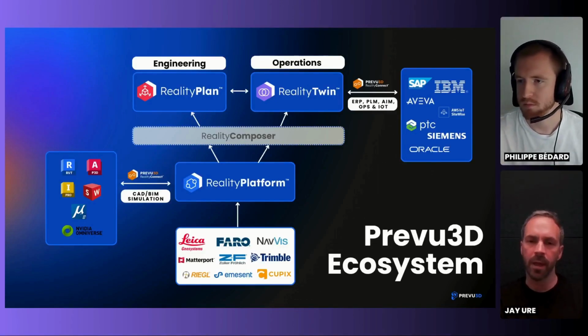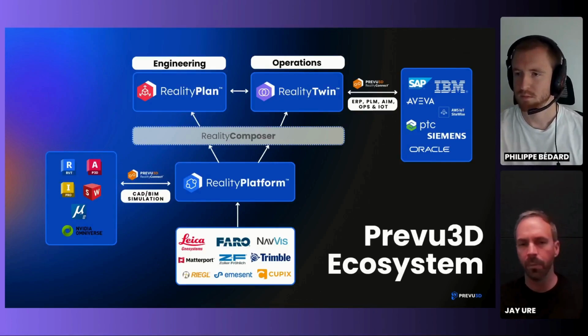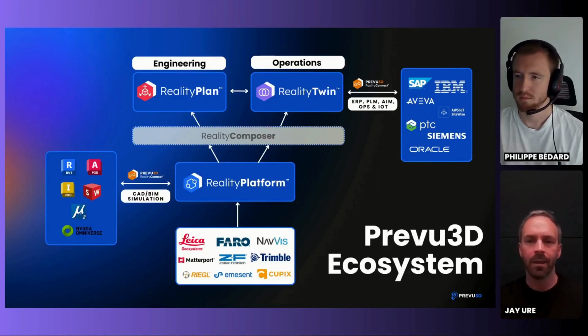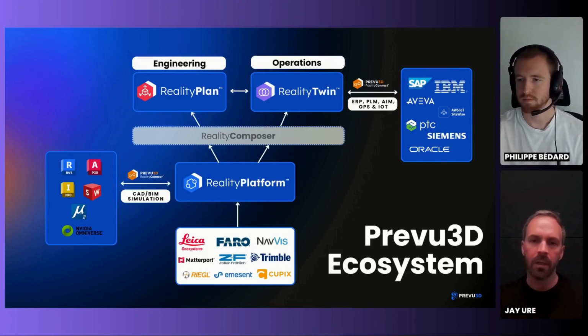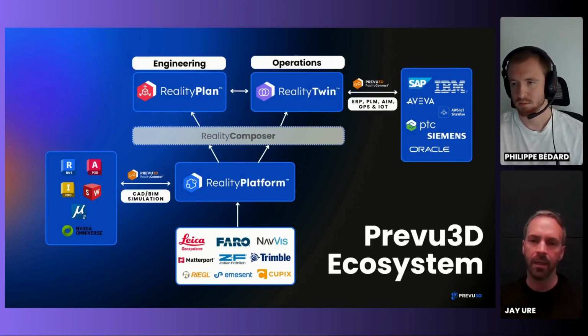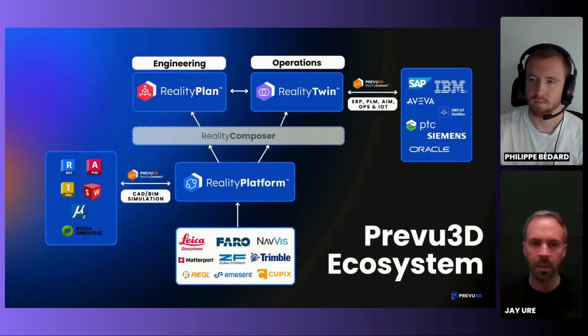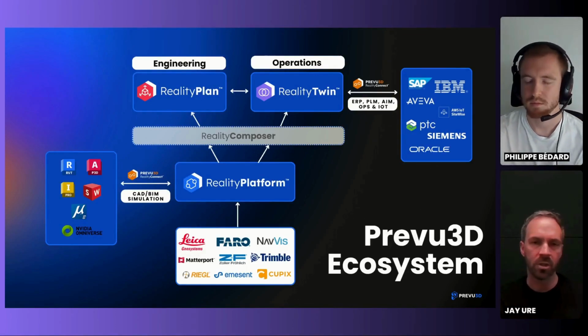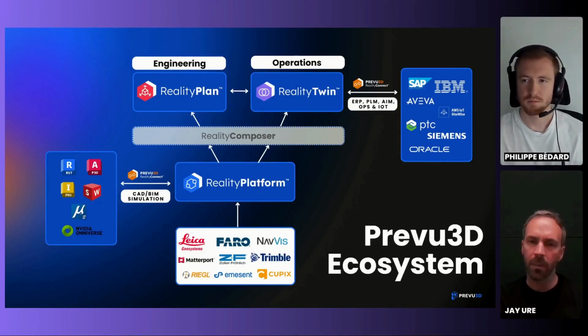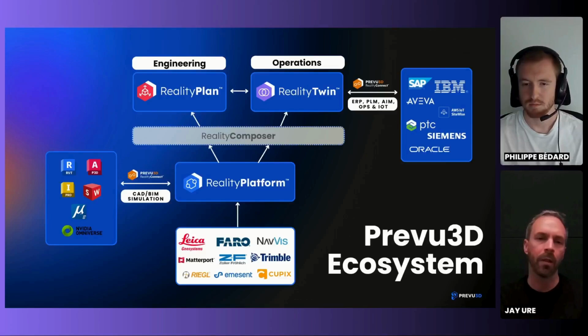So as we highlighted at the beginning, the Reality Platform is the starting point, the middleware, if you will, for everything. It has a free viewer for anybody that you deem access. That's where you upload all of your point cloud data, some of your mesh data, and other types of datasets if you want to share them out that way. From there, you generate your project and your mesh from that point cloud data.